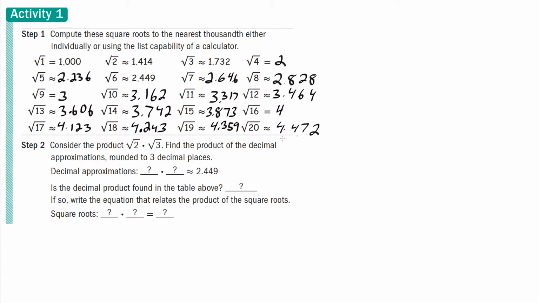Okay, long silence, but I've got my table filled out. Hopefully you've got yours done as well, because we're going to need this information to complete a couple of activities here. It asks us first to consider the product of the square root of 2 times the square root of 3. Find the product of the decimal approximations rounded to 3 decimal places.